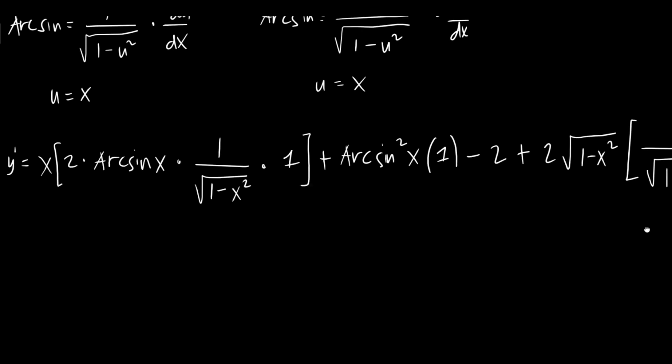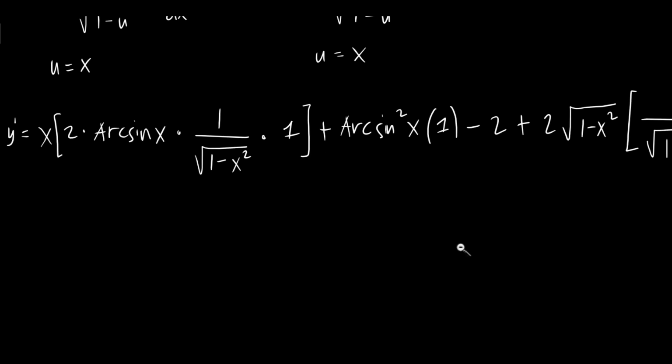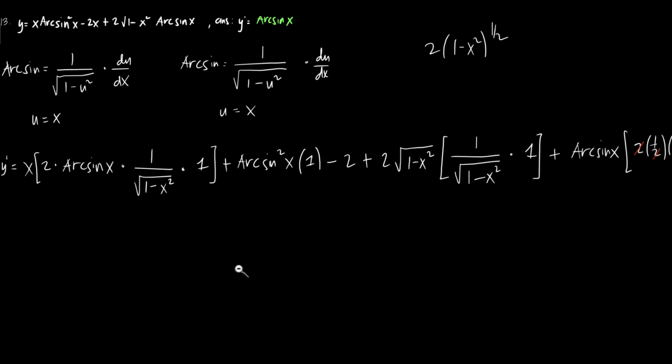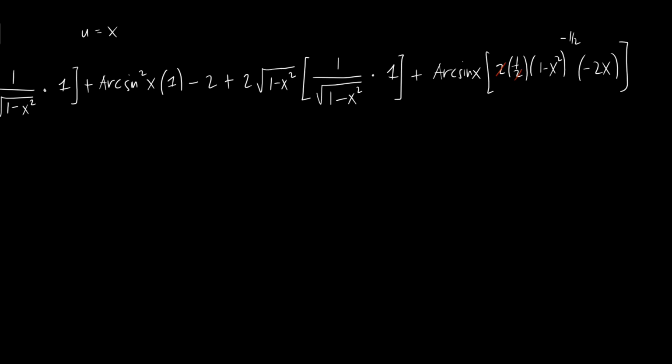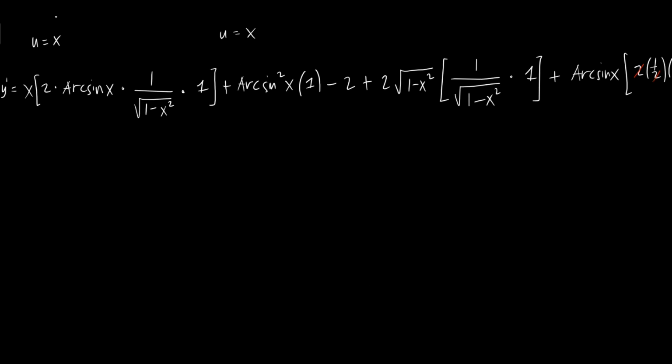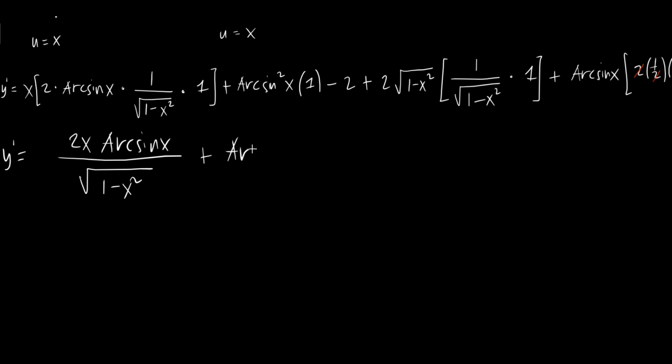Let's get back here. We have y prime is equal to x multiplied by, and we'll simplify this one: 2x arcsine of x all over square root of 1 minus x squared, plus arcsine squared of x, minus 2.